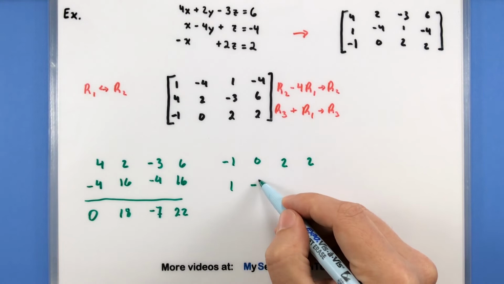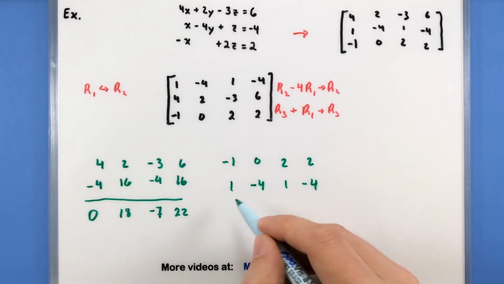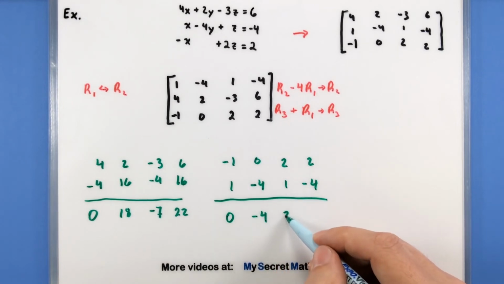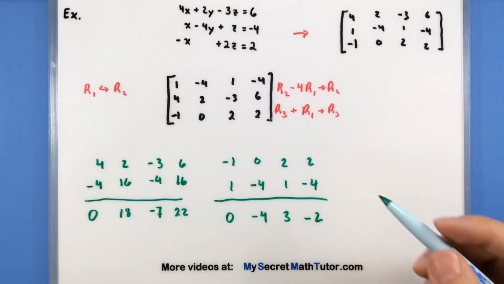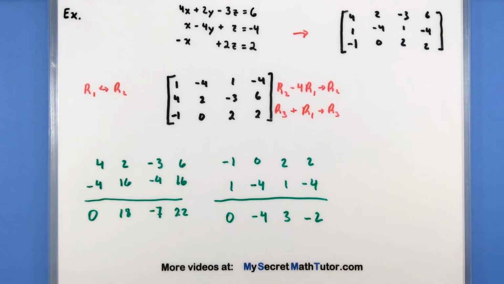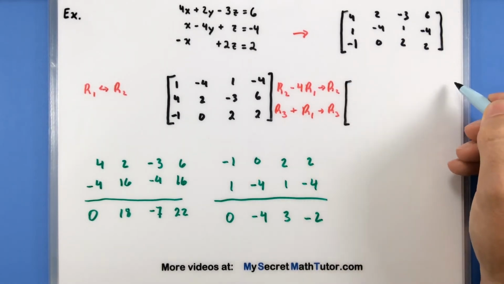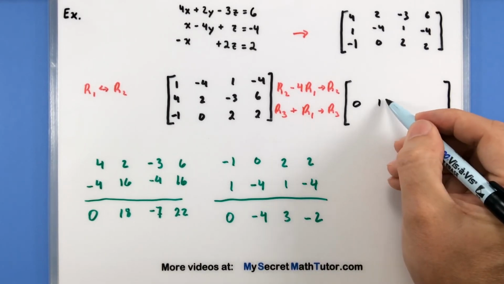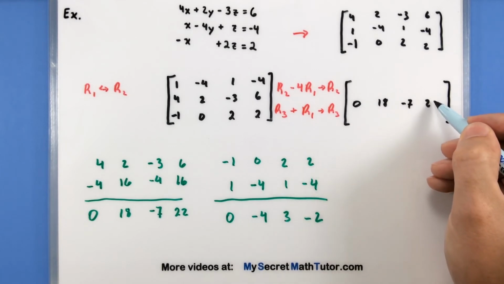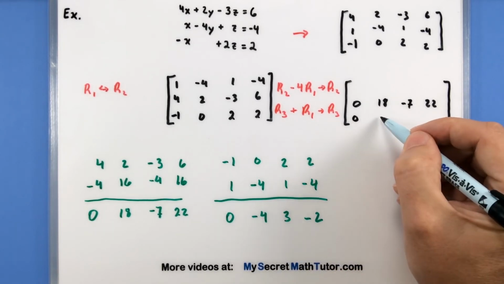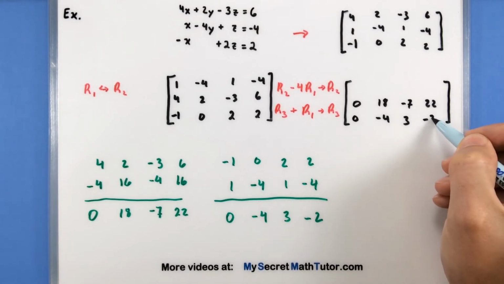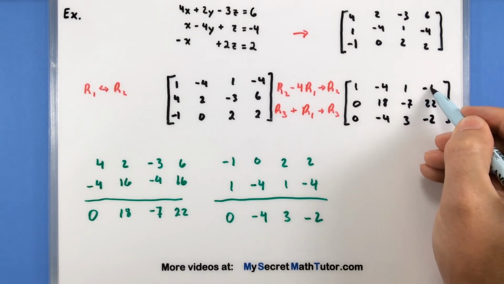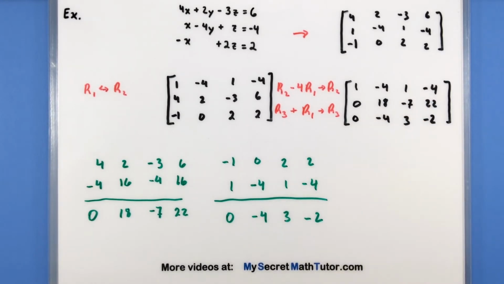Row 1, add those together: 0, negative 4, 3, and negative 2. And so there's my new row 3, and now we can write down our new rows in our matrix and see exactly what we got. So this replaces row 2: 0, 18, negative 7, and 22. And this replaces row 3. We haven't done anything to row 1, so we'll leave that just as it is. And our matrix is getting a little bit closer to that diagonal form.